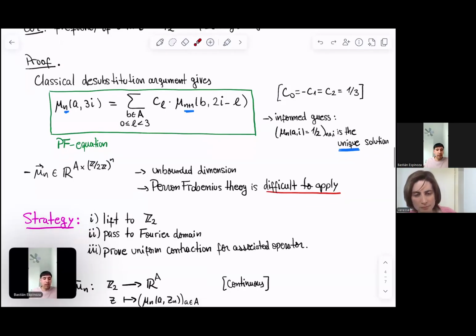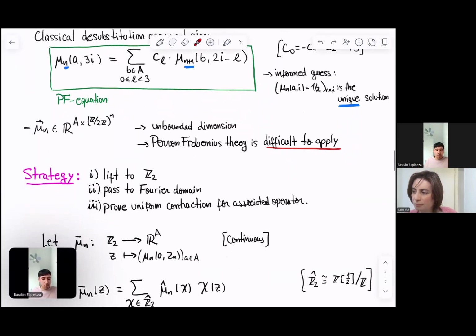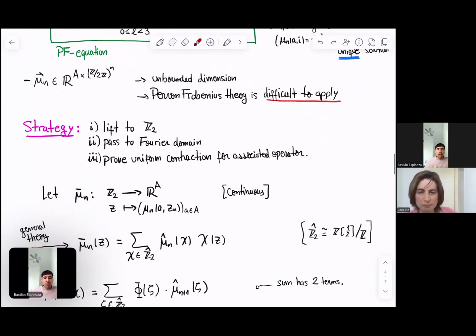The strategy then is to use the particular structure that we have in this problem. This is the structure that comes from the fact that we're working with a skew substitution action, and the fact that we can describe this action as a two-adic odometer. So the general strategy here is that we're going to lift this Perron-Frobenius equation, the one in green, to the two-adic odometer, so all these levels lie in the same space.